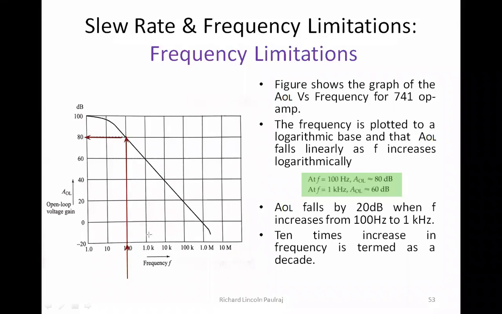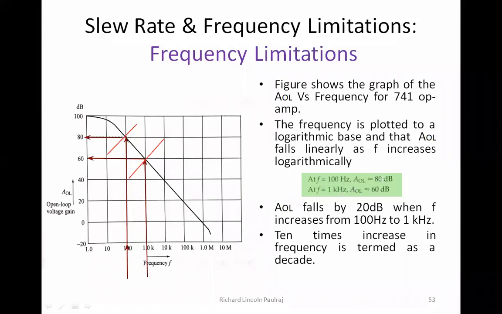Similarly, for 1 kilohertz, you can see that it's giving us a value of about how much? 60 dB, right? So what's the difference between the two, from this point to this point? 100 hertz is multiplied by 10, so it becomes 1 kilohertz.